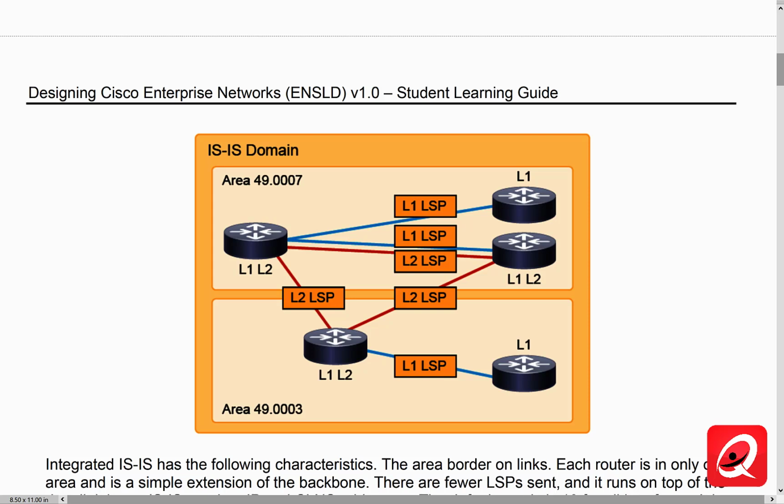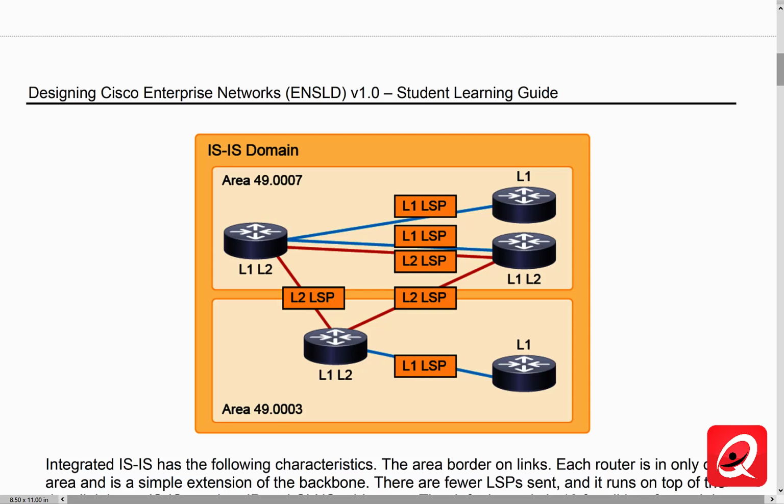In addition to describing the network topology that the router knows about, whether it's the L1 topology within the area, the intra-area topology, or the L2 topology between areas, the inter-area topology, the link state PDUs include IP routes. There's a checksum component, and other information is included as well.